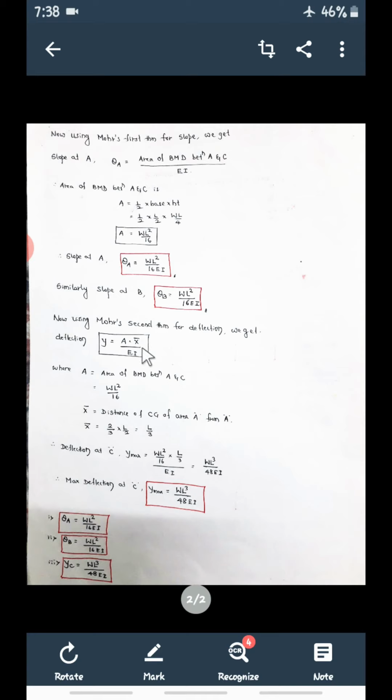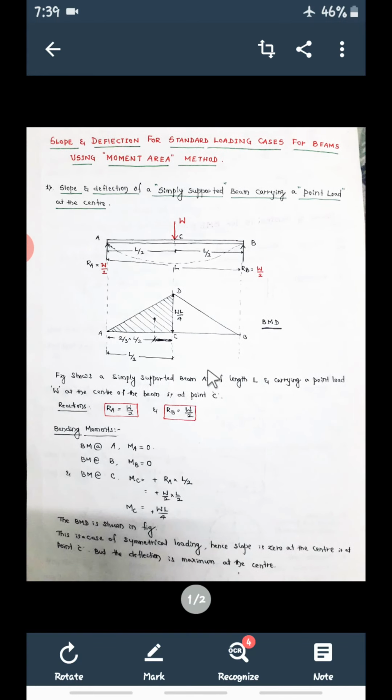Now I want to calculate the deflection at C. Here deflection is 0, so you can again consider the area between A and C, the bending moment area.